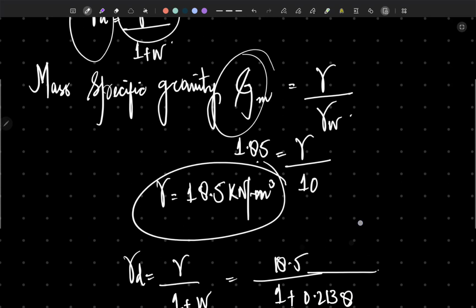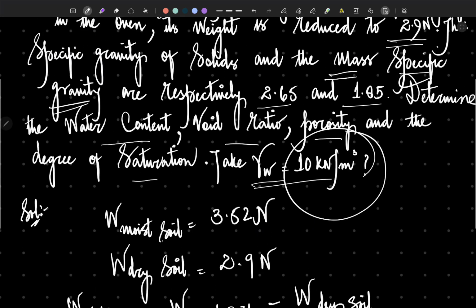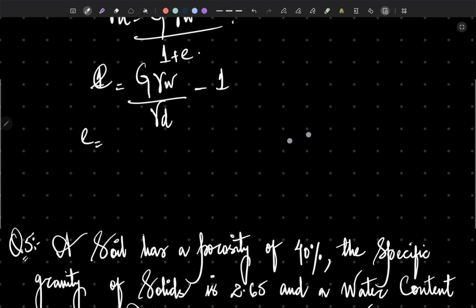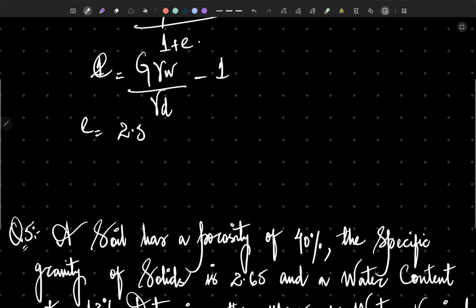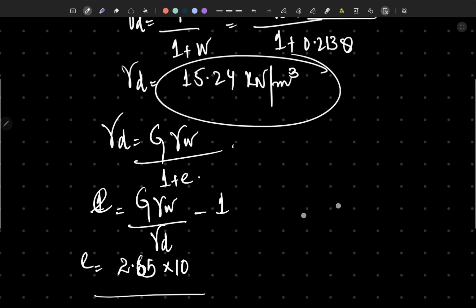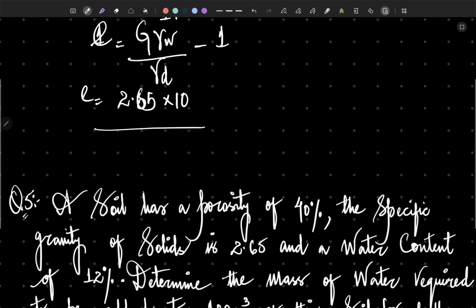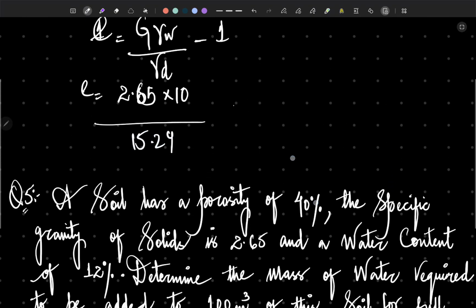G, specific gravity given in the question to be taken as 2.65, weight of water 10 kilonewton per cubic meter, that is what we have to take. The dry unit weight we just found out, 15.24, minus 1. By calculations, the void ratio is equal to 0.74.